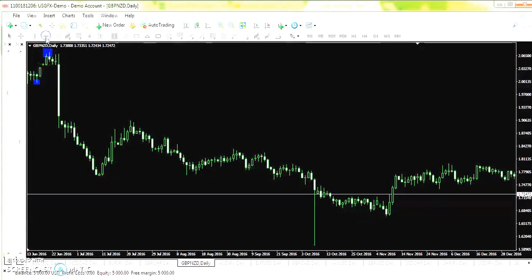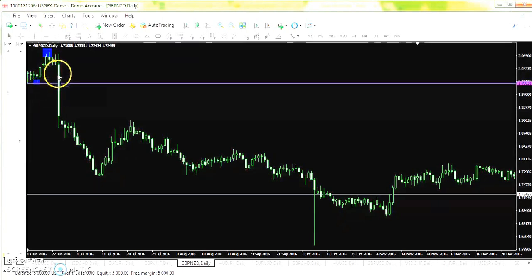What happened when this level is broken? As you can see in this candle, this previous swing low has broken, and you can see there is about a rollover from this up till this, right?